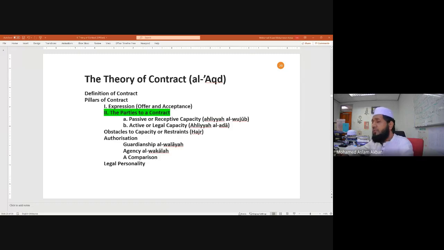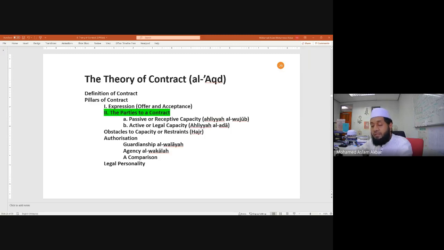Here we are talking about real people. In pillar number 3, we are going to talk about the subject matter, the product that you are selling, the property that you are dealing with.